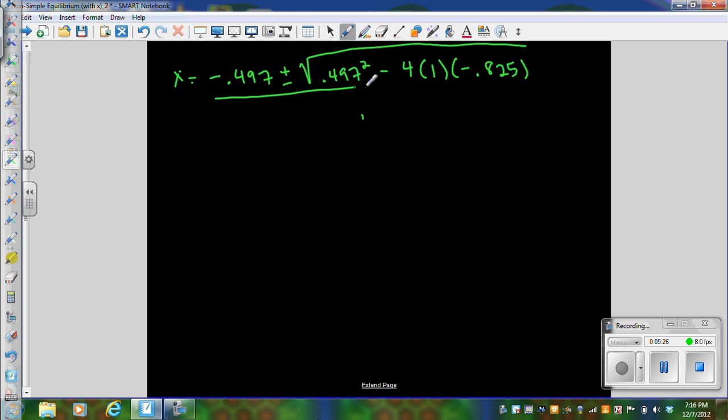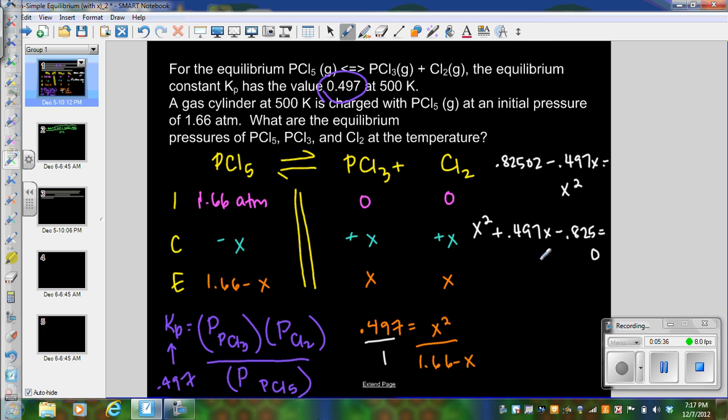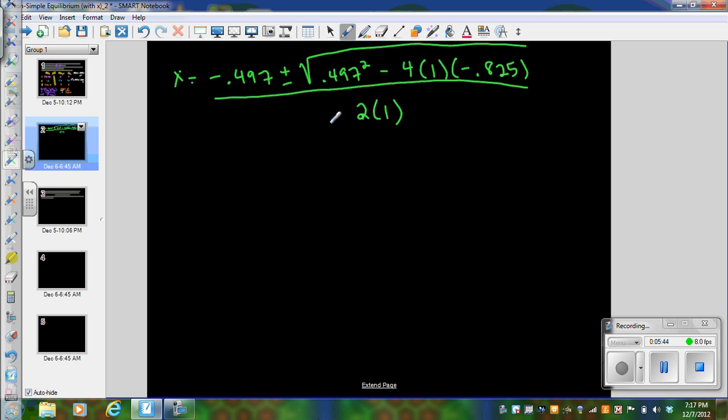This is all divided by 2 times a, which was 1. I want to go back and make sure that I have those numbers right. My 0.497 is positive. My 0.825 is negative. So, yes, now I'm going to solve.